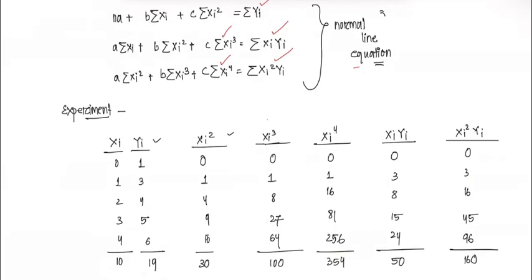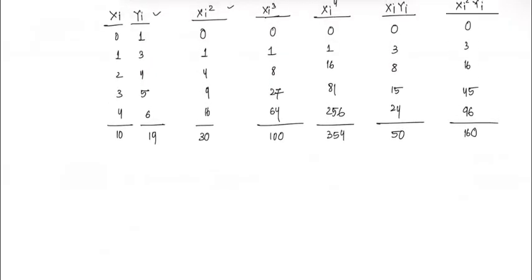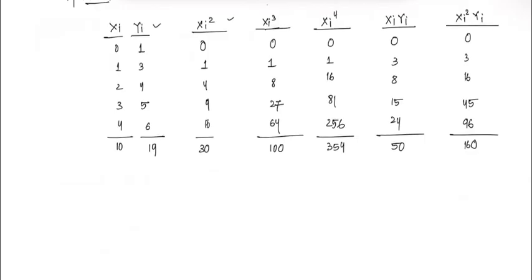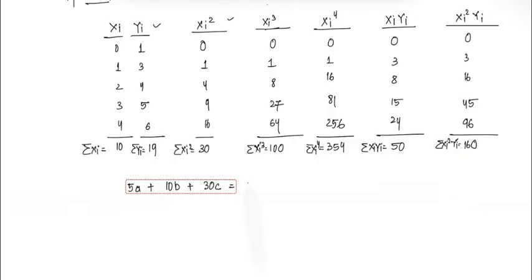The first one is na plus b sum of xi plus c sum of xi square equals sum of yi, and the sum of y is 19.